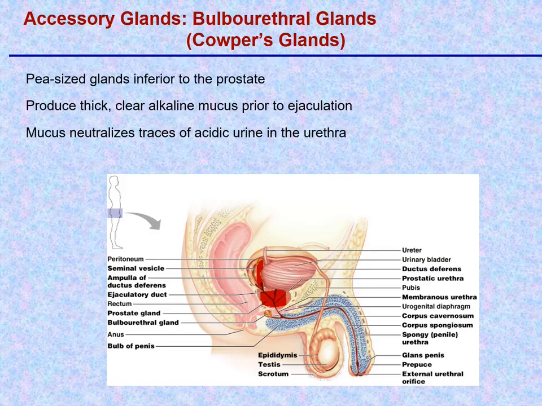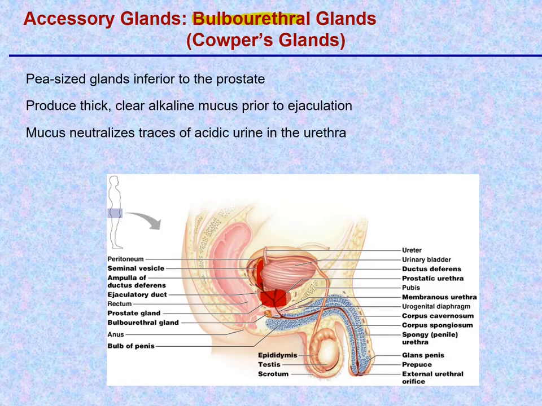An old name for it is Cowper's gland, but bulbourethral glands is the better term. These are pea-sized glands just below the prostate. They produce a thick, clear alkaline mucus.